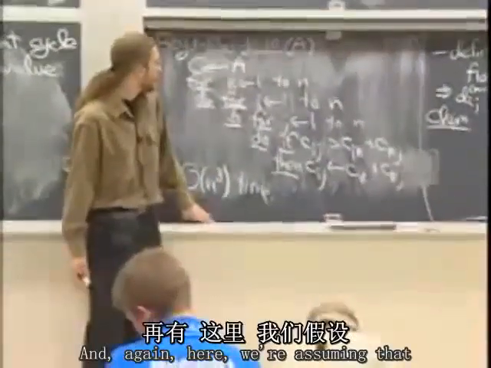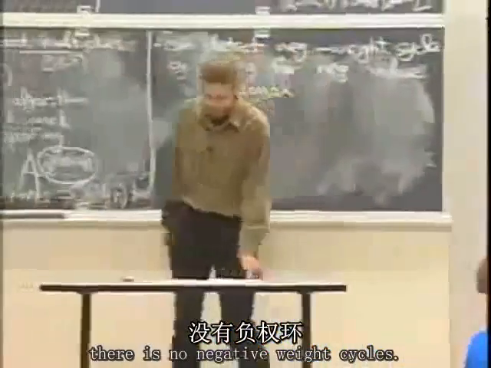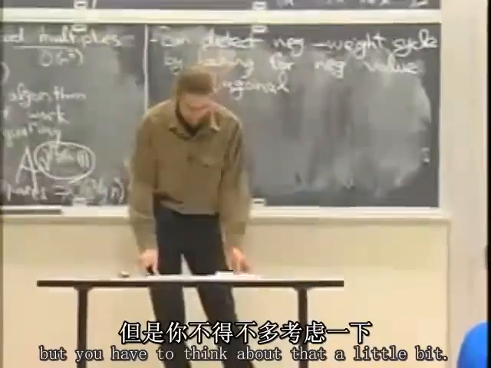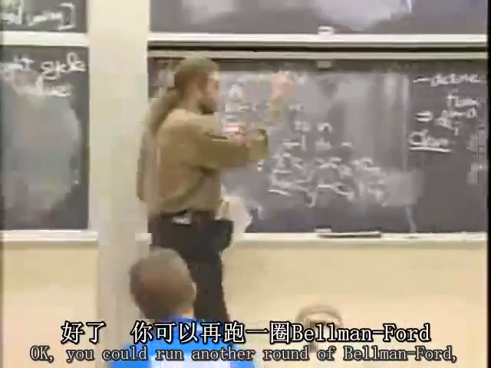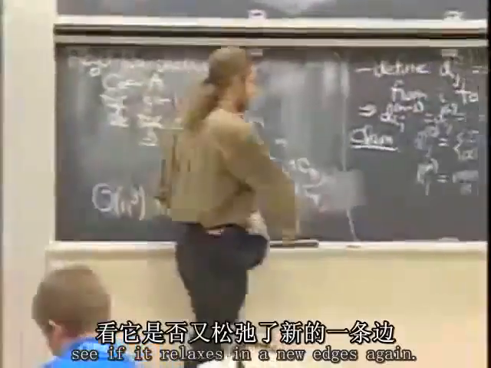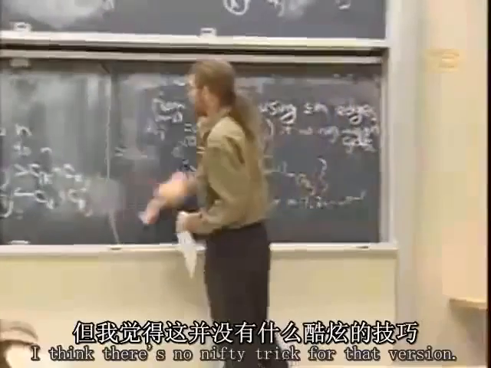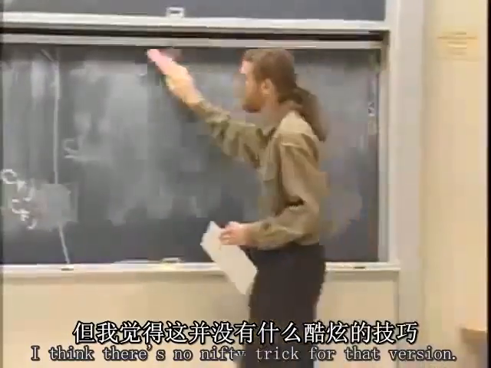And again, here we're assuming that there's no negative weight cycles. Shouldn't be hard to find them, but you have to think about that a little bit. Okay, you could run another round of Bellman-Ford, see if it relaxes any new edges again. There's no nifty trick for that version.